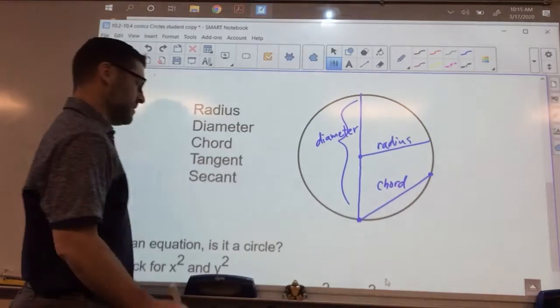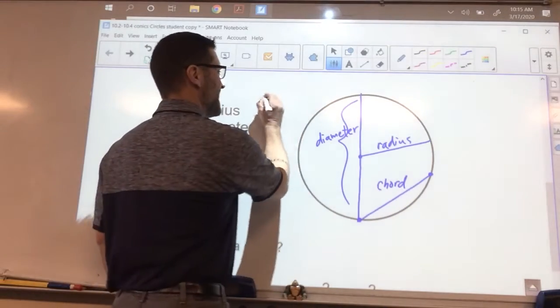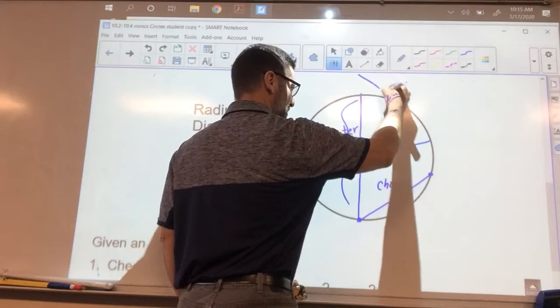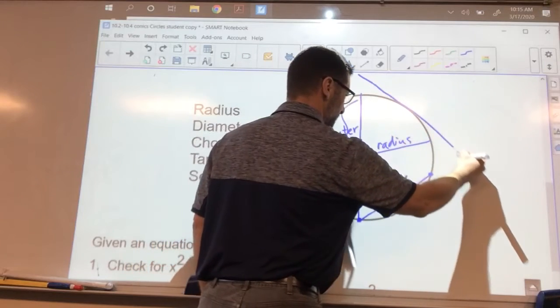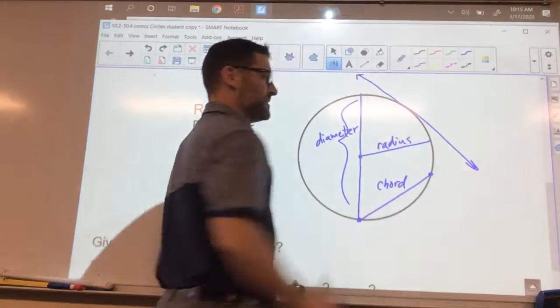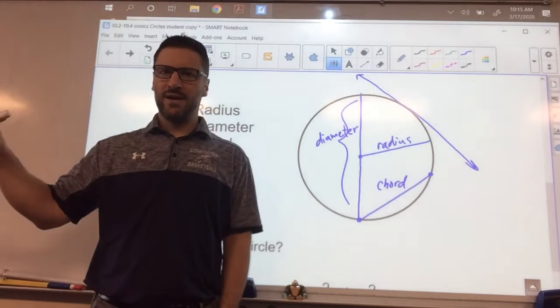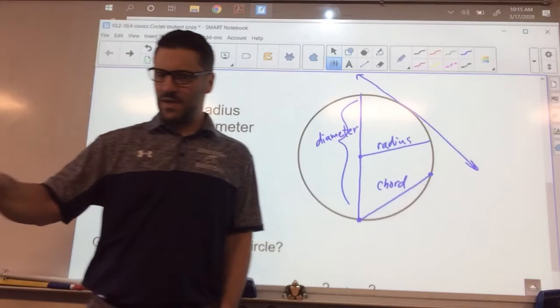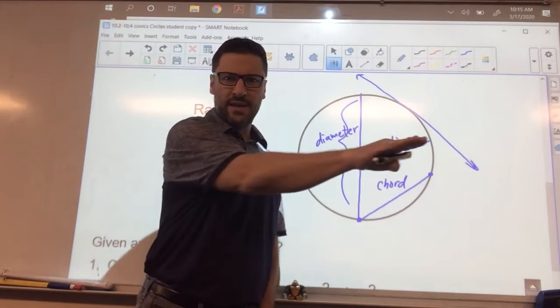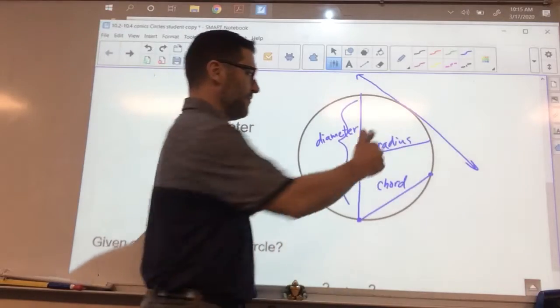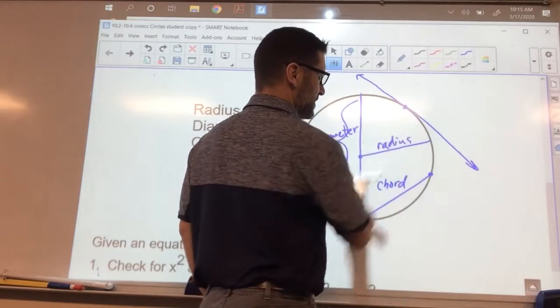That's a chord. A tangent to the circle is not like tangent from trig. It is simply a line that comes in, almost like a rock skipping off the water. If you've ever skipped rocks, it comes in, boom, and then it keeps going. That's how a tangent works.